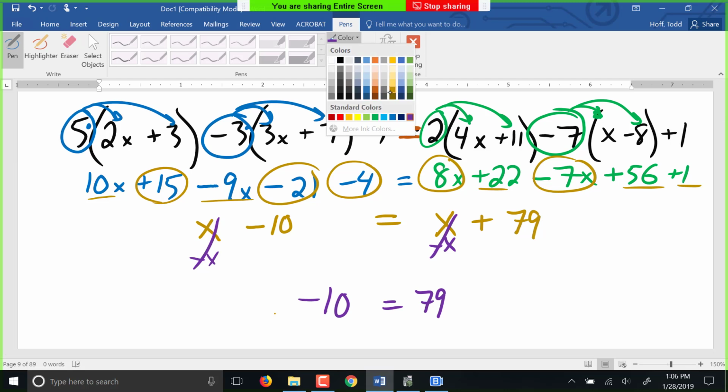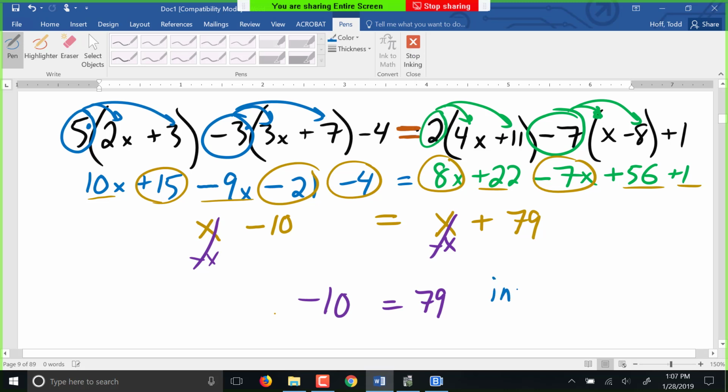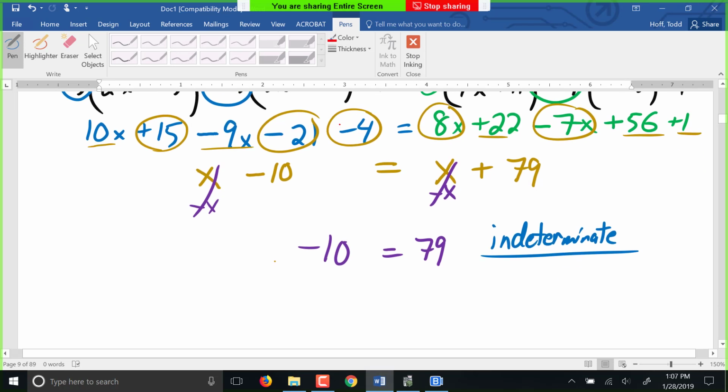This is what is called an indeterminate equation. An indeterminate equation means you can't determine an answer. The simpler way of saying it is there's no solution here.